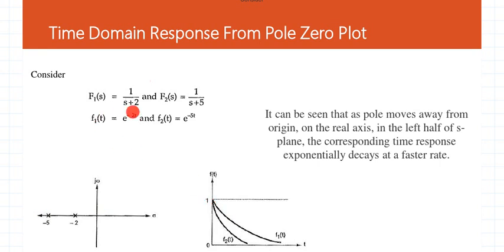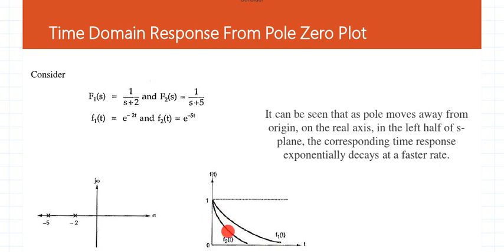f1(t) corresponds to the time domain response of the first transfer function, and f2(t) is the inverse Laplace transform of the second function. The first function has a response e raised to -2t, and the other has e raised to -5t. Plotting each one, this curve corresponds to f1(t), whereas this curve corresponds to f2(t).